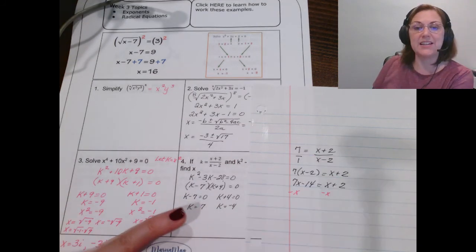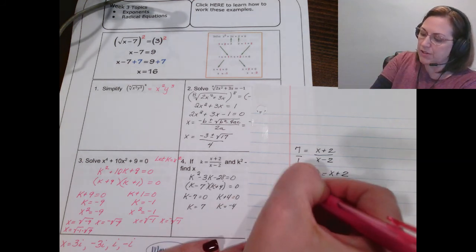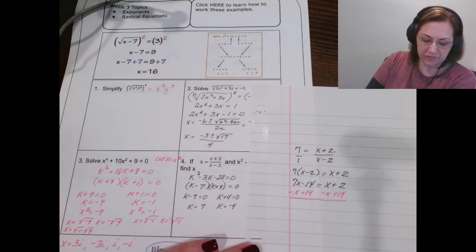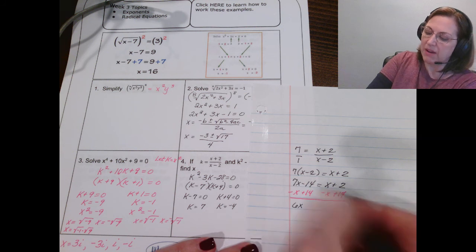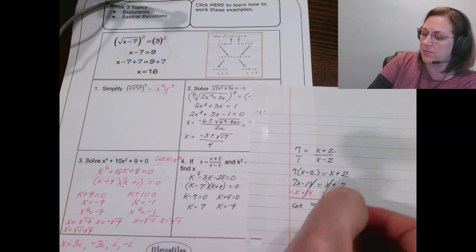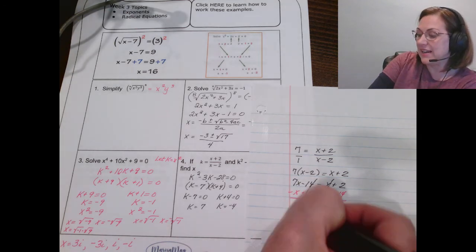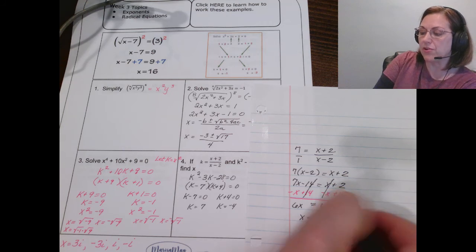Notice I lined it up underneath the 7x, and let's add 14. That gives me 6x. My 14's cancel. My x's cancel, and that gives me 16. Now we can divide by 6, and I get 16/6 or 8/3.